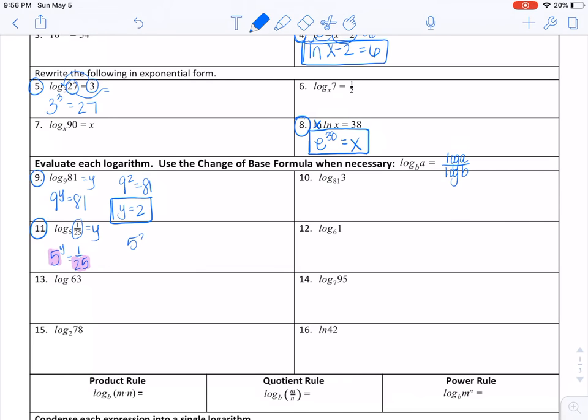Well, I know that 5 squared equals 25. But we do have a fraction. And so we know that 5 to the negative 2 is going to give us 1 over 5 squared, which gives us 1 over 25. And so y has to be negative 2.